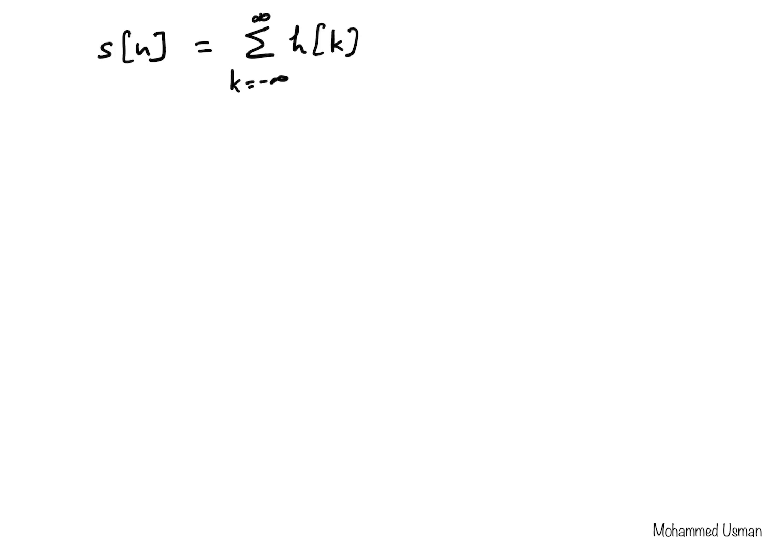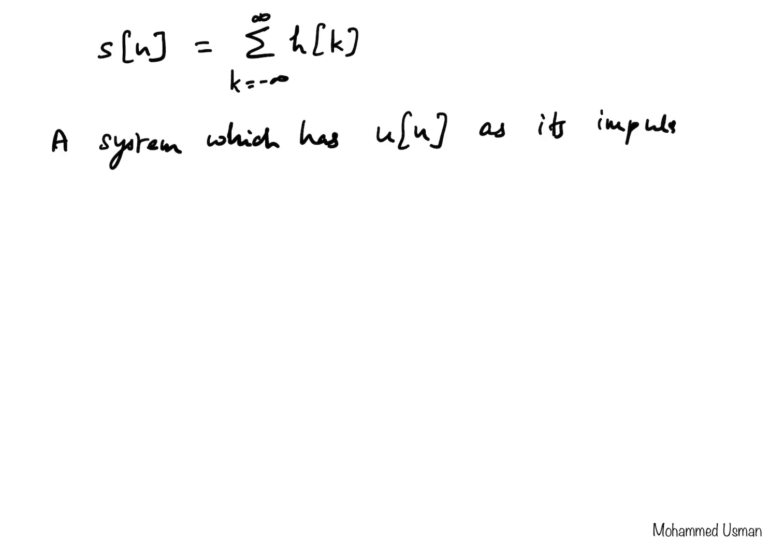Basically we arrive at this based on the fact that a system which has u of n as its impulse response is an accumulator or an adder, right?